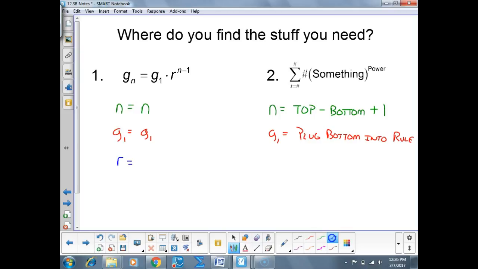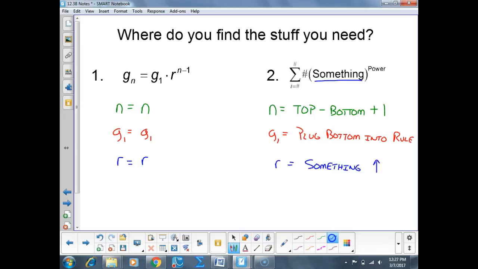In the rule, it's what the power is being taken up, the base of the power. Over here, it's the same thing. It's that something that you're taking the power to. It's the base.